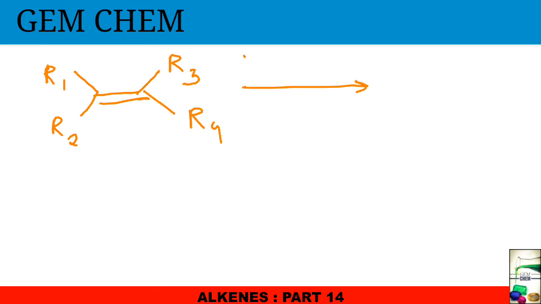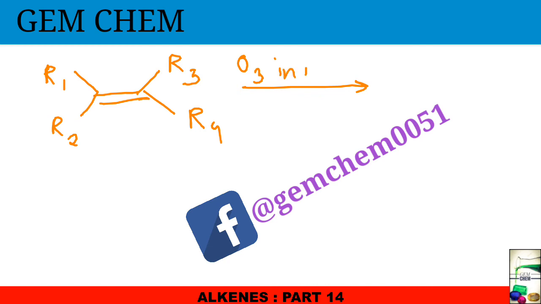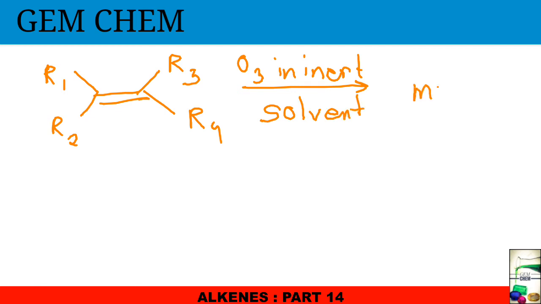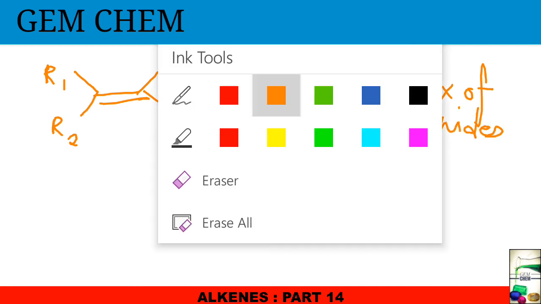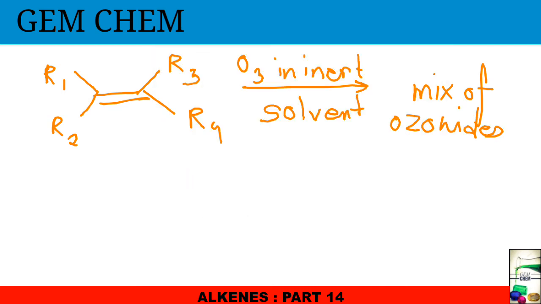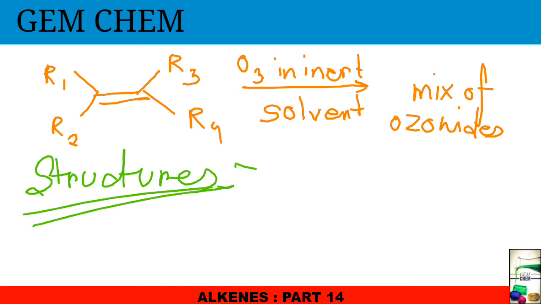Then when ozone is being added in inert solvent, what happens is that we will get a mixture of ozonides, mix of ozonides. And you have to tell me what are the structures of the possible ozonides. Okay, first try, then I will answer. Pause the video and try for 1 second, then I will tell you the answer.